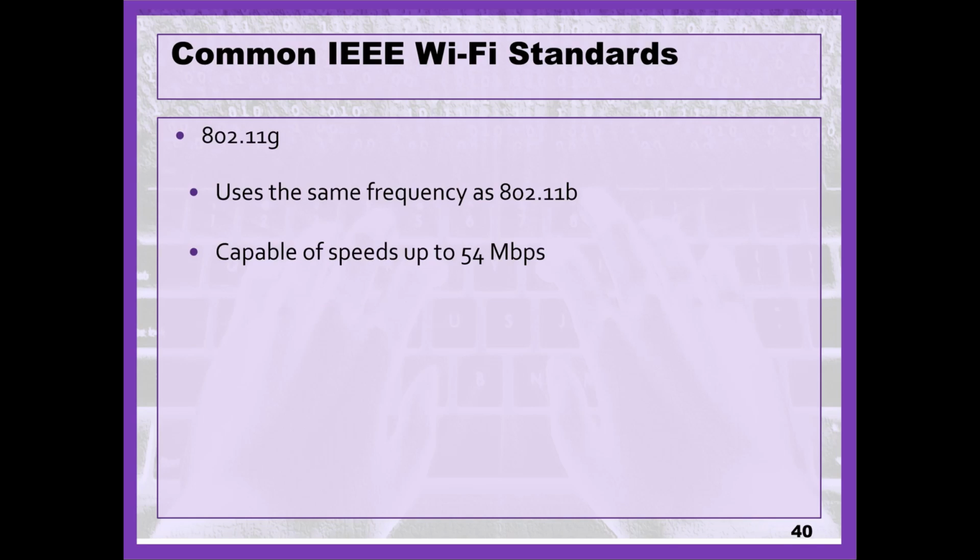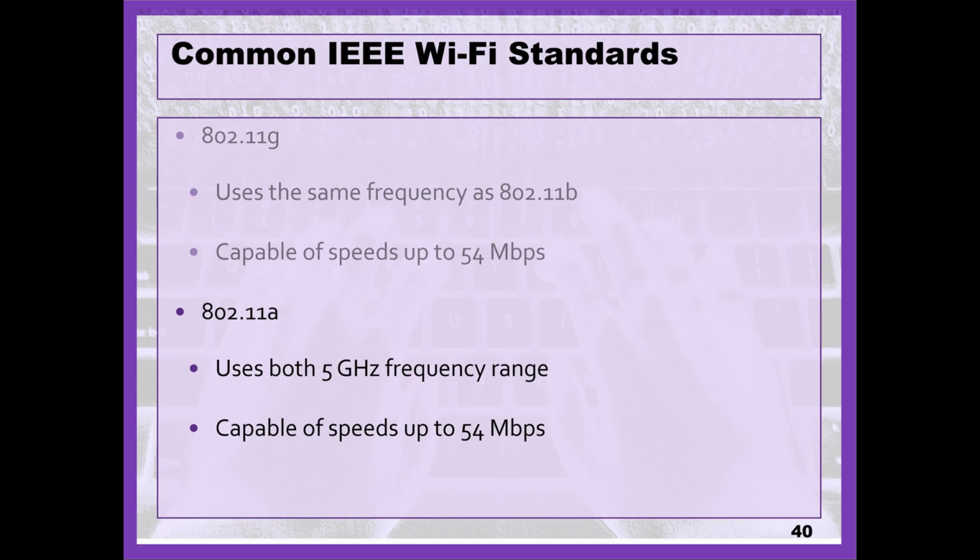The 802.11g protocol improves on 802.11b by increasing the maximum speeds to 54 megabits per second, though it still uses the 2.4 gigahertz channel. The two protocols are compatible, but mixing the two is not recommended. 802.11a is a protocol which introduces a new frequency range, the 5 GHz range.